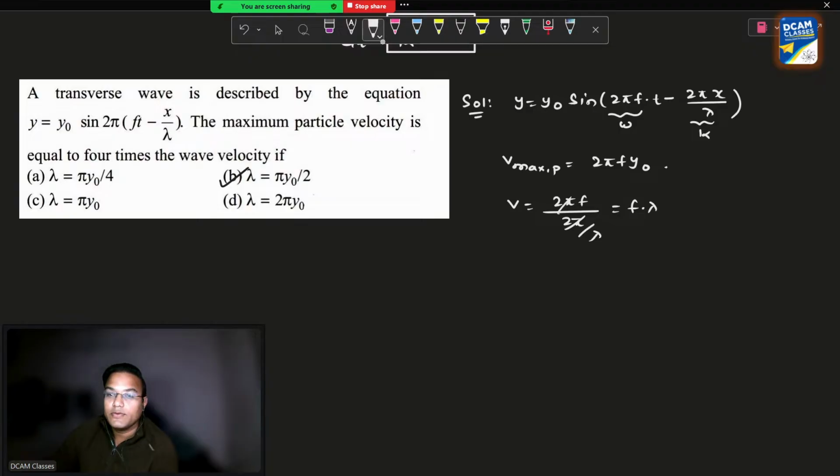V max of the particle is 4 times the wave velocity. So 2 pi f y naught is equal to 4 into f lambda. The lambda value they are asking, no? This f will cancel. Lambda is equal to pi y naught by 2. Option B.